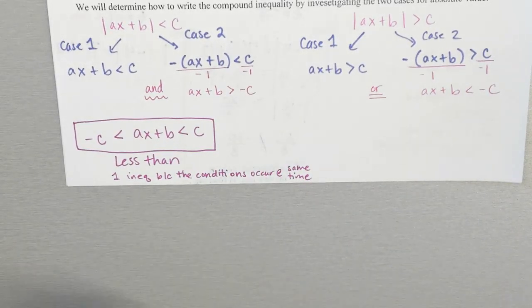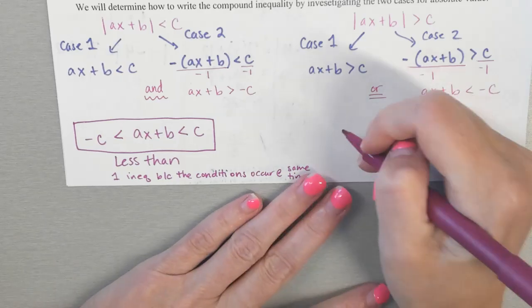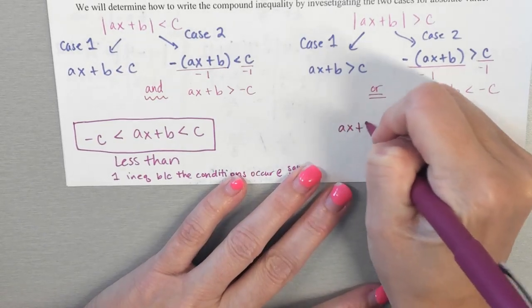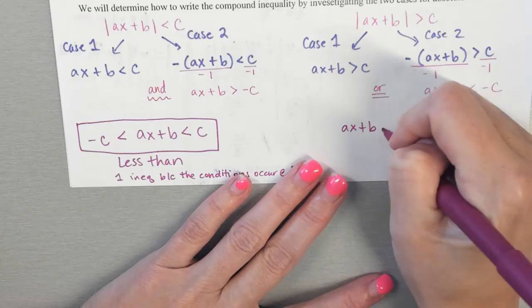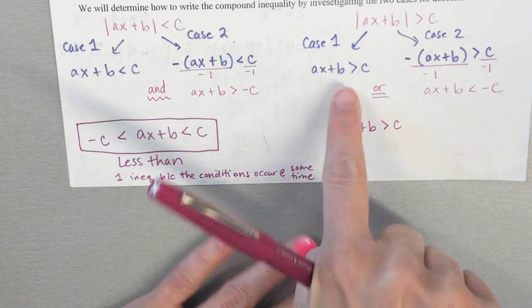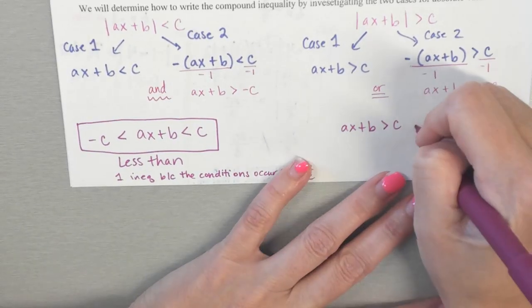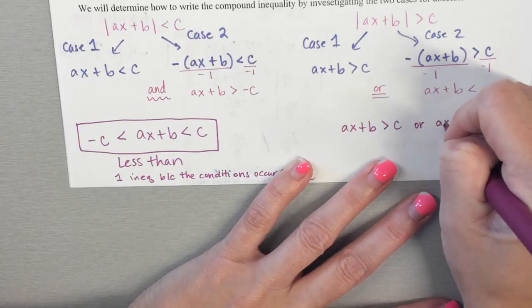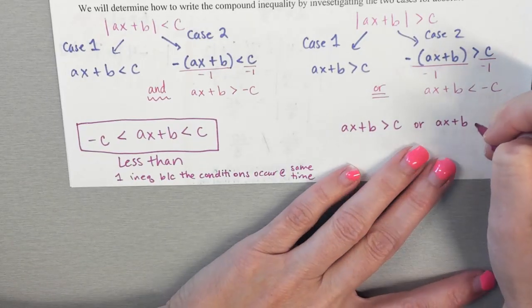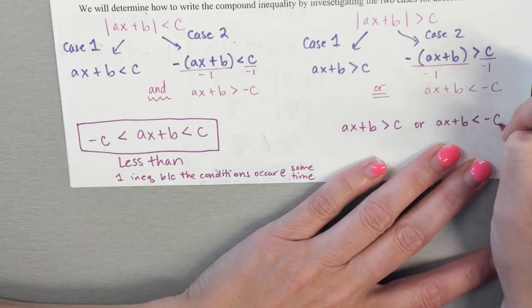Because they cannot happen at the same time, you're going to set up the expression is greater than c, or your expression is less than the opposite of c.